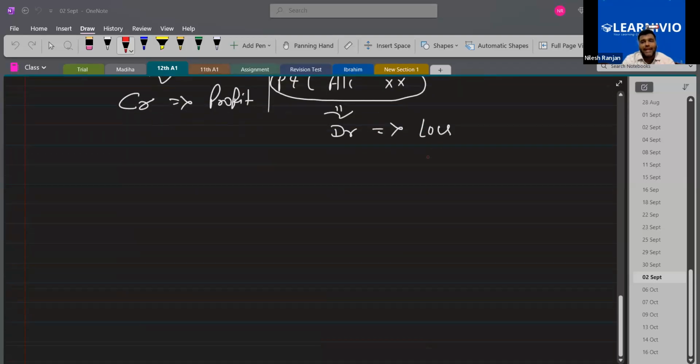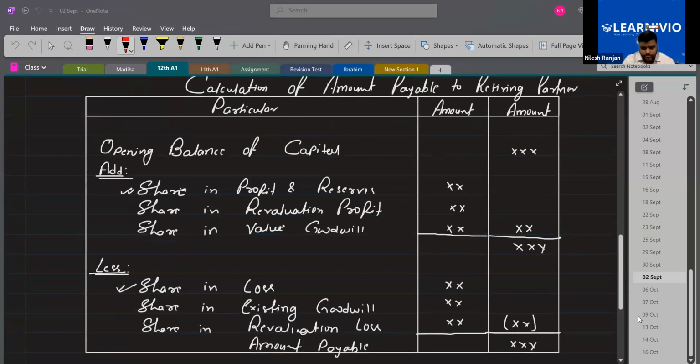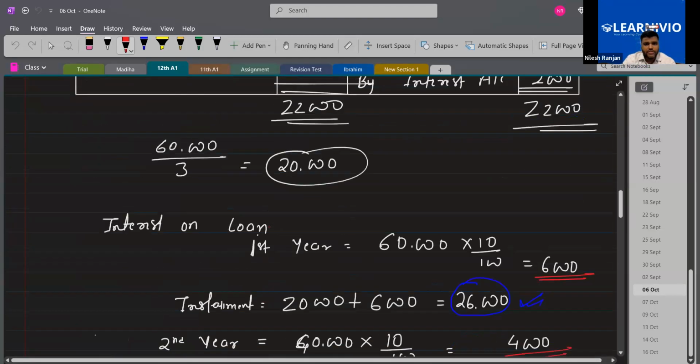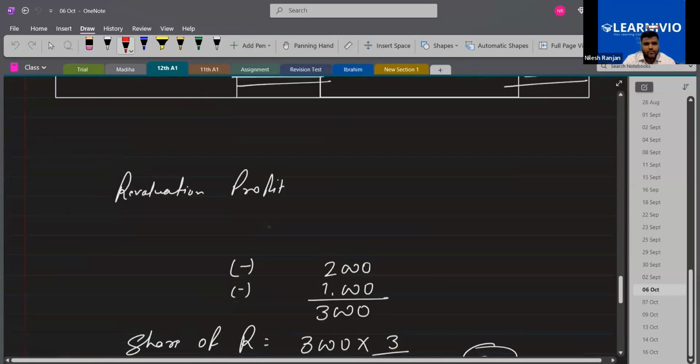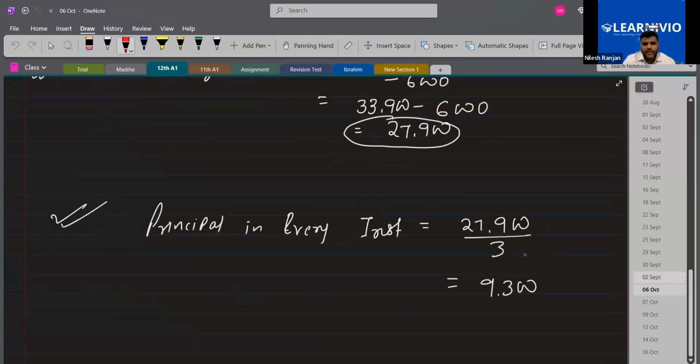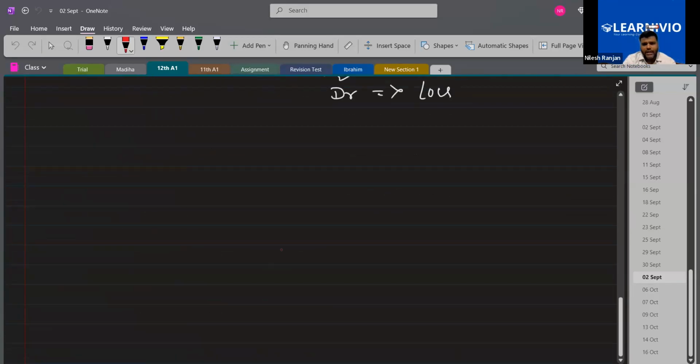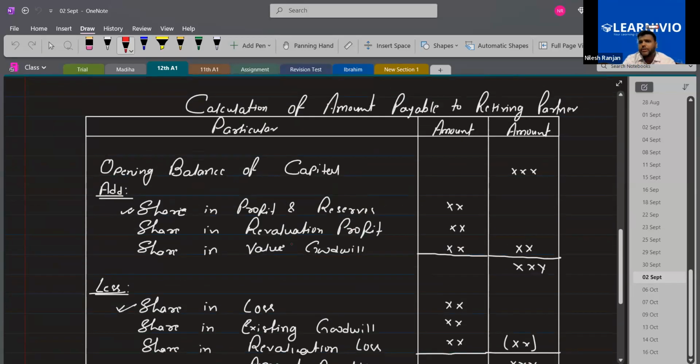Now you can prepare the capital format like this one. No, this is the loan account. Where is the capital account? Okay, capital account, actually, I have not written here the format because we have already discussed the capital account so many times in different topics.